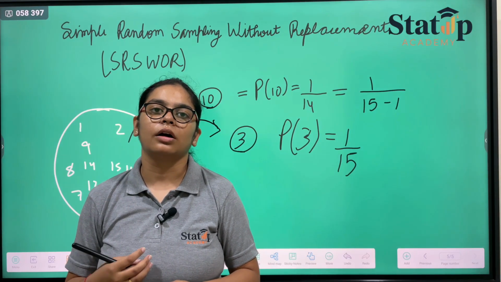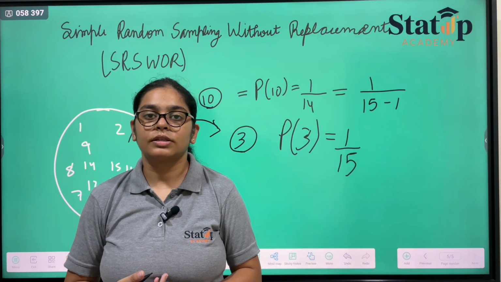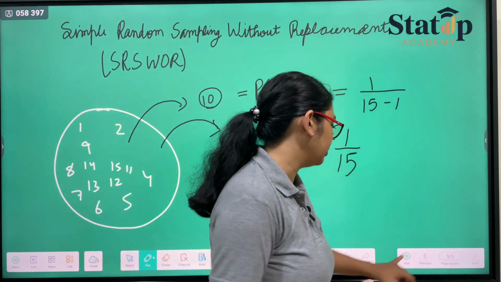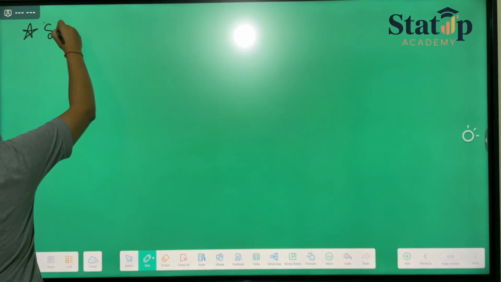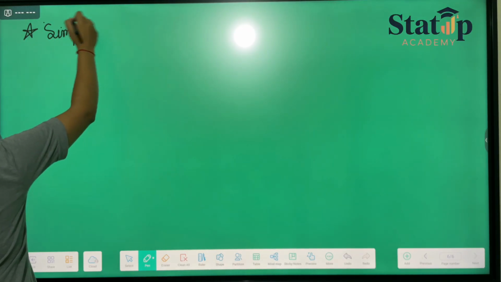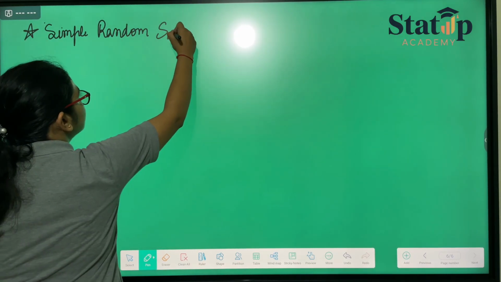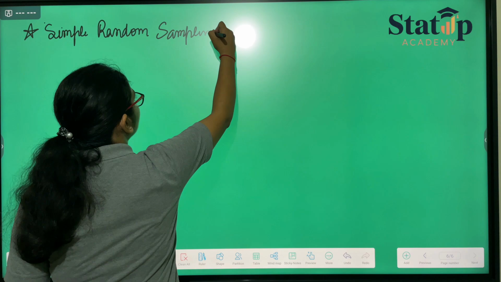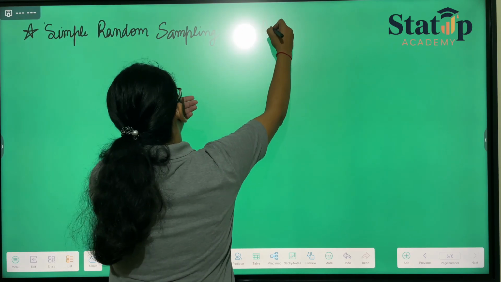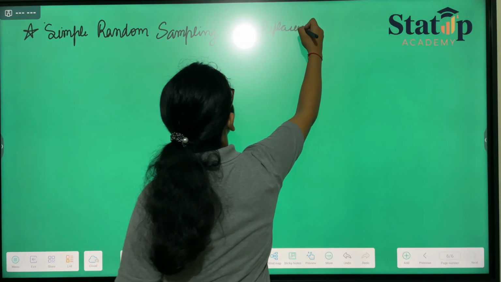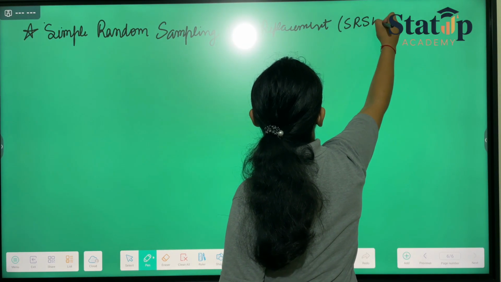Now we will come to the numerical portion. How can we solve this, or what is it about simple random sampling with replacement and without replacement? So first we will take simple random sampling with replacement, SRSWR.